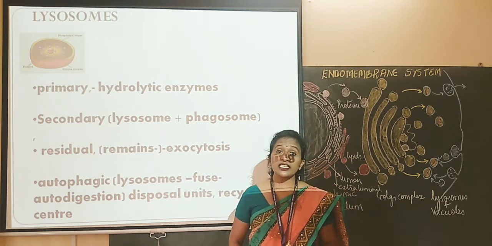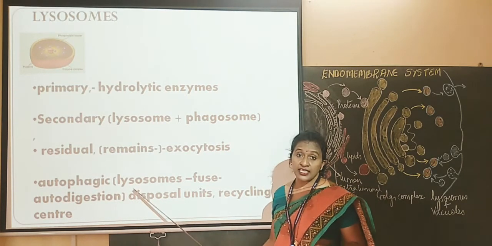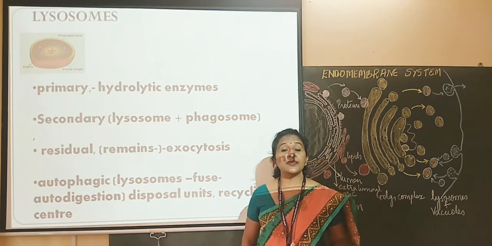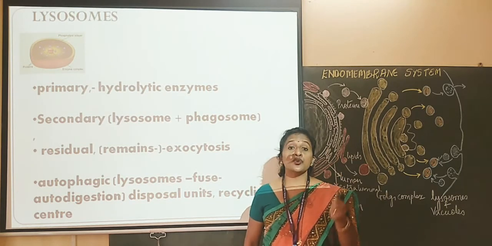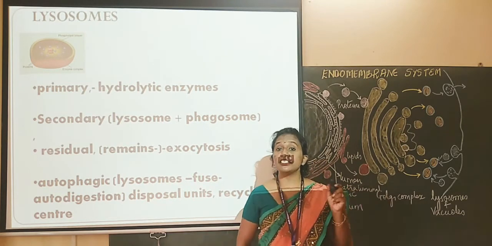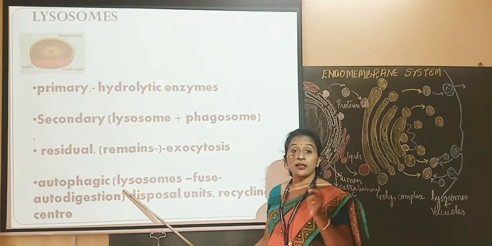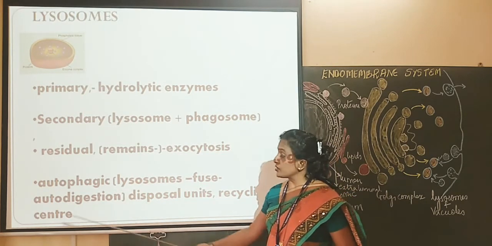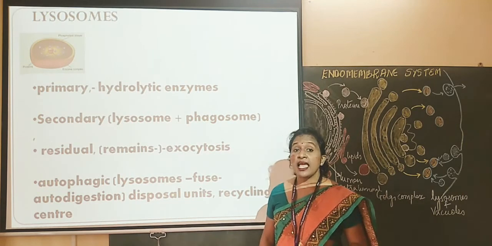So these organelles will be digested by the autophagic lysosomes. Usually it happens at the region where an injury has taken place. So the dead cells or other parts of the cell which are not required will be directly digested by these lysosomes. Therefore it is also called disposal units.